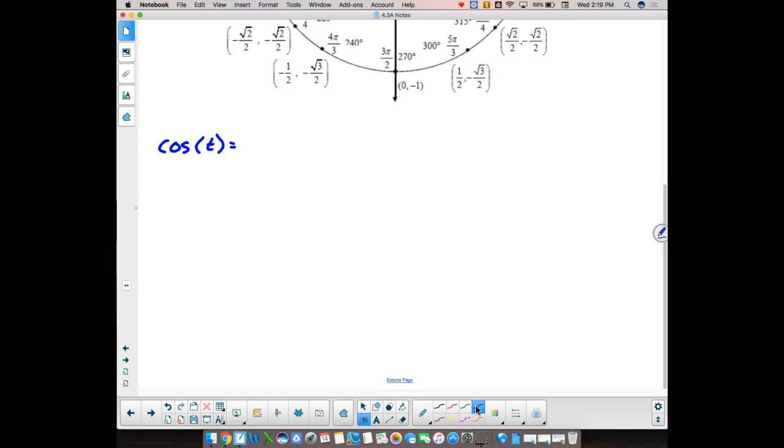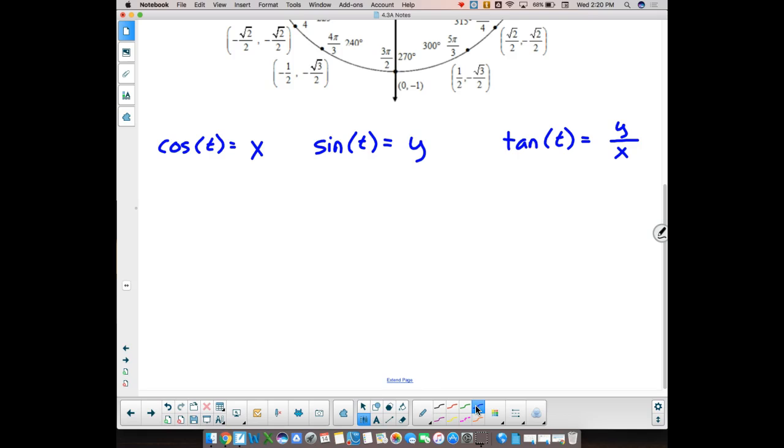X. It's also going to ask you, what is the sine of t? Y. It's also going to ask you, what is the tangent of t? Y over x.